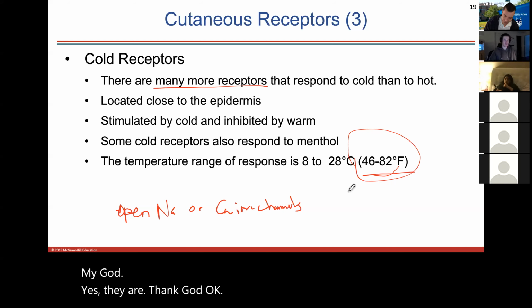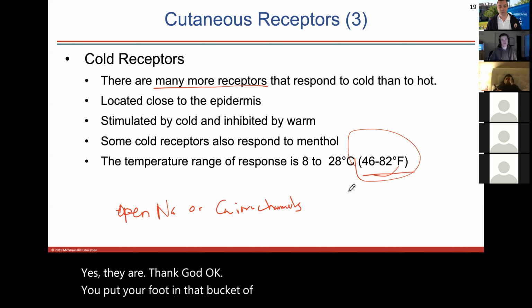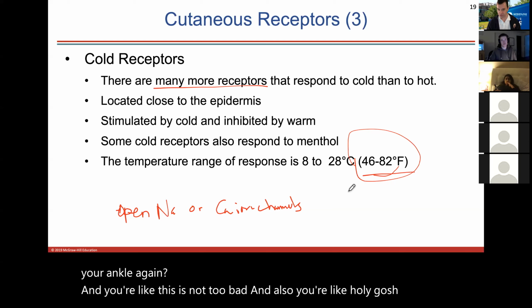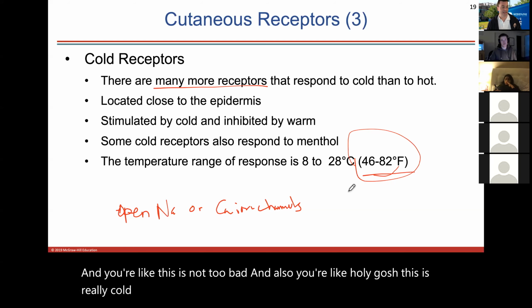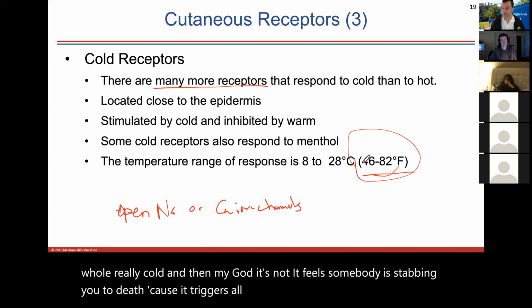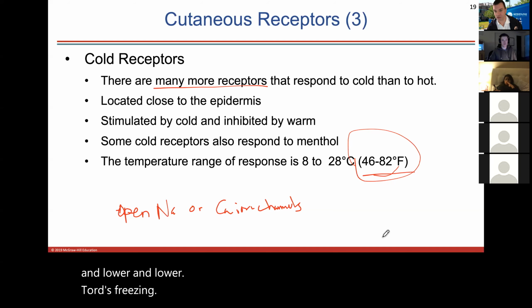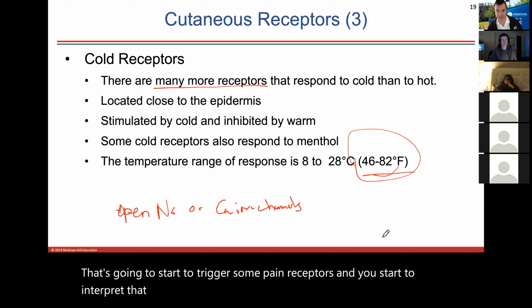You put your foot in that bucket of ice water, right? Because you've rolled your ankle. And you're like, oh, okay, this is not too bad. And then all of a sudden you're like, holy gosh, this is really cold. And then, oh my God, it feels like somebody's stabbing you to death because it triggers all these pain receptors. As you get lower and lower towards freezing, that's going to start to trigger some pain receptors, and you start to interpret that as a burning sensation.